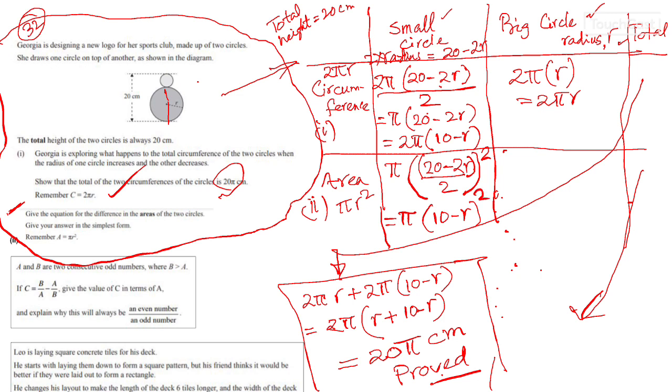And this one is pretty simple because the area is going to be pi r squared.